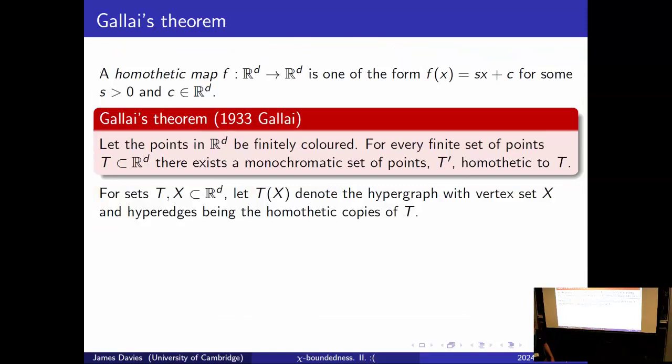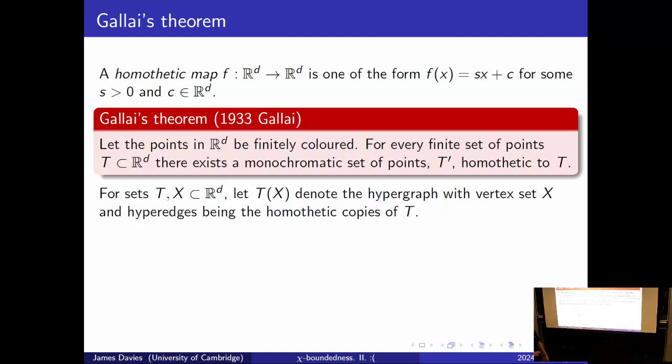Okay. So really, you can rephrase this Euclidean-Ramsey theory on coloring of the integers in terms of a theorem about coloring hypergraphs. This is really just looking at a hypergraph. Our vertex set is the points in R^D, or we can restrict to some subset. And the hyperedges are going to be homothetic copies.